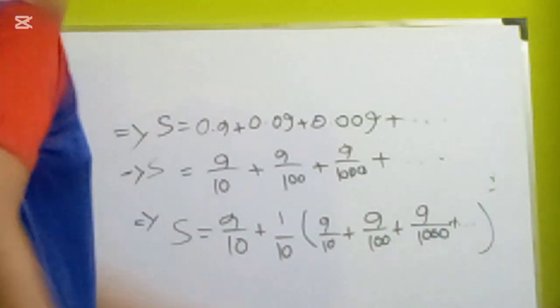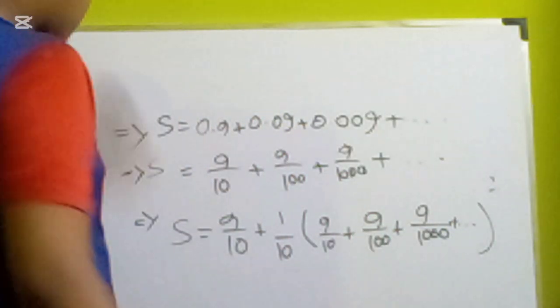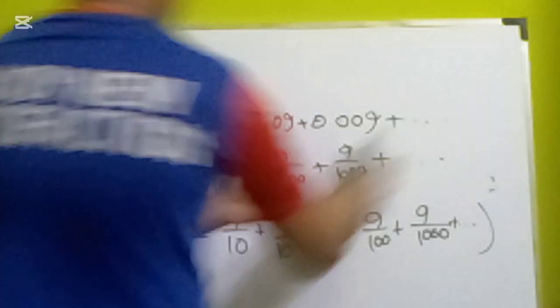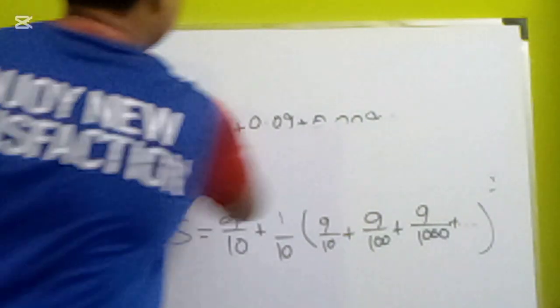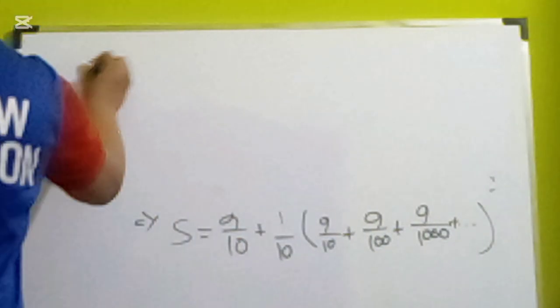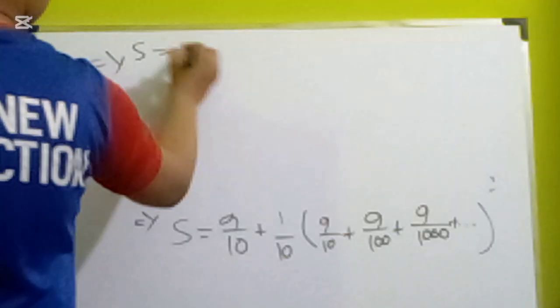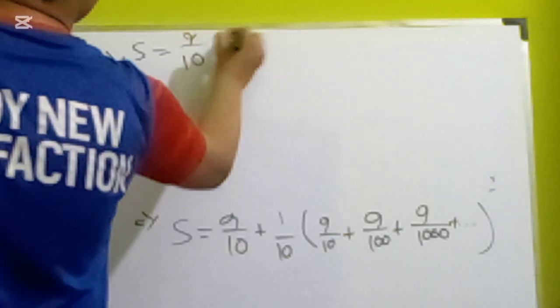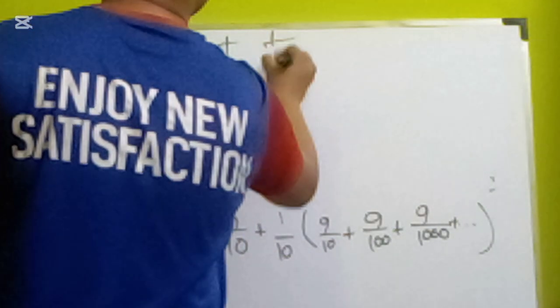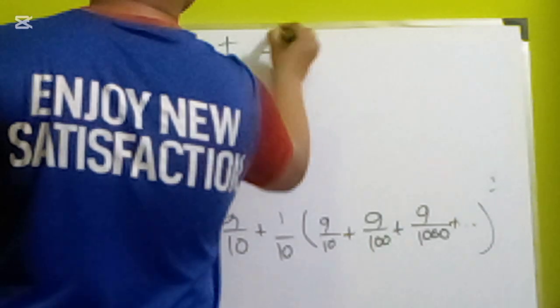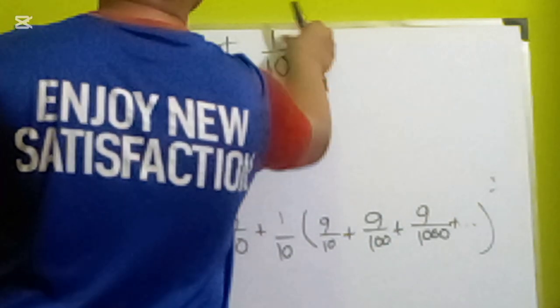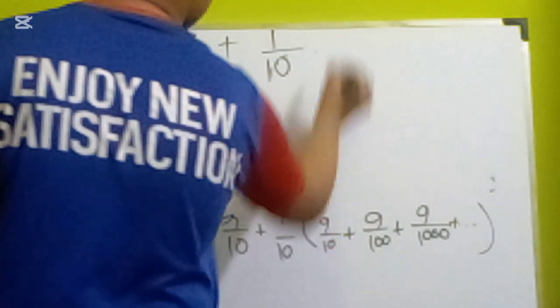Notice here that this thing is the same as S. It's right over there. It's going to give us S equals 9 by 10 plus 1 by 10 times S.